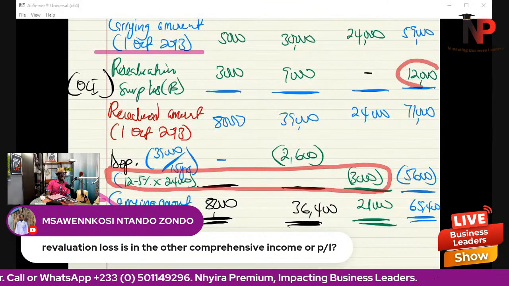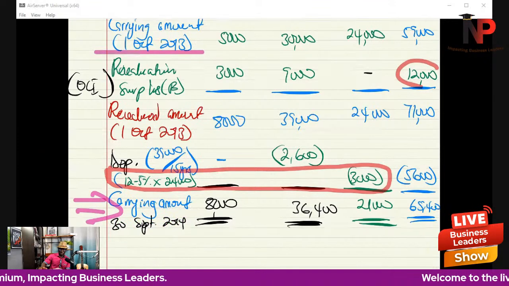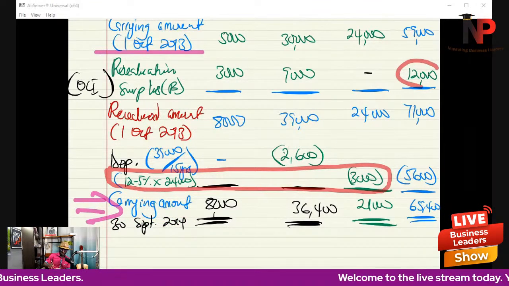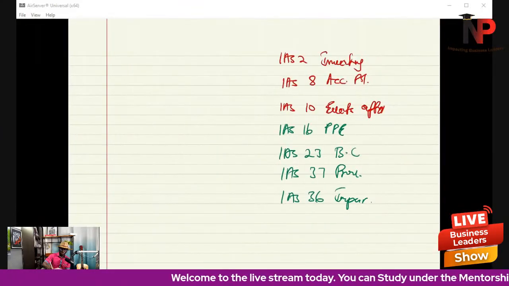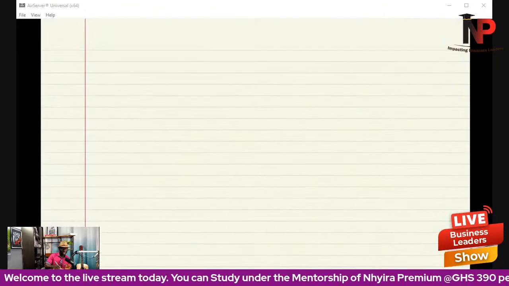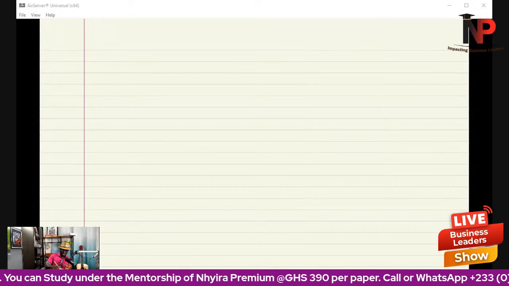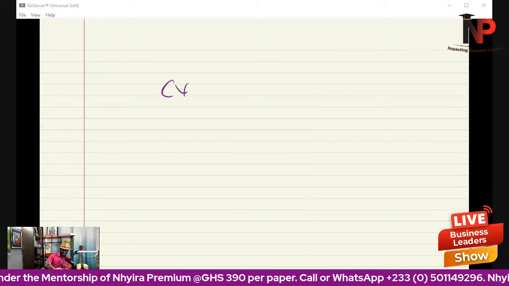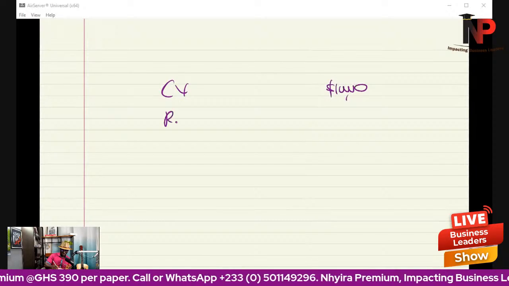Revaluation loss is in the other comprehensive income or P&L. Okay, so Zondo Intando, let me explain what I was trying to say. If it is the first time, let's say we bought an asset, and the carrying amount of the asset is, say, $10,000, and then we do a revaluation.